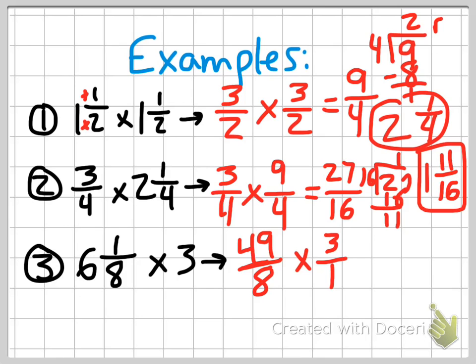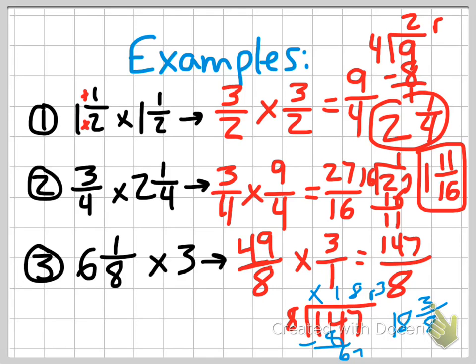All right, now that we've got it, you can't cross cancel in any way. We're going to multiply across. Maitreya found that 49 times 3 is what? 147 over 8. Then we're going to divide 147 divided by 8. All right, so we get that our answer is 18 and 3/8.